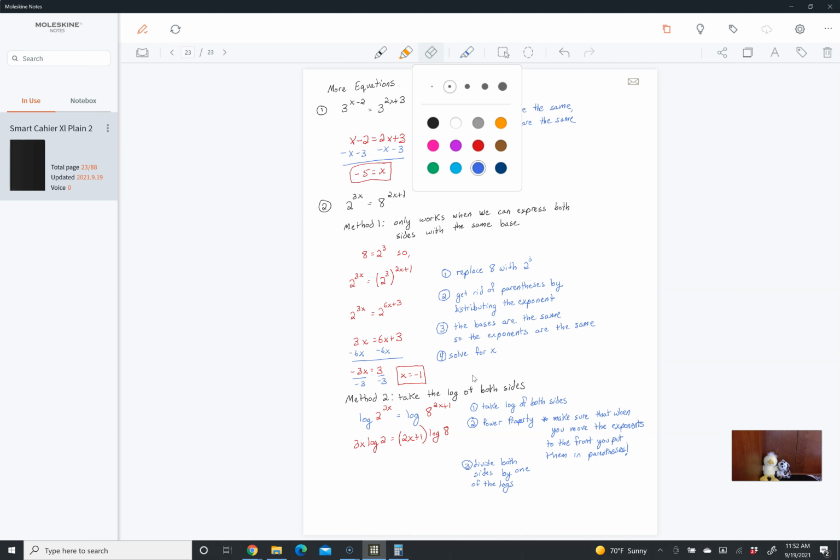I tend to prefer dividing by things that I know are going to be easy to multiply by. So I see a 1 here, so that's easy to multiply. So I'm going to divide both sides by log of 2. But you could divide both sides by log 8. It doesn't matter. I just wrote log 8, but I meant log 2.